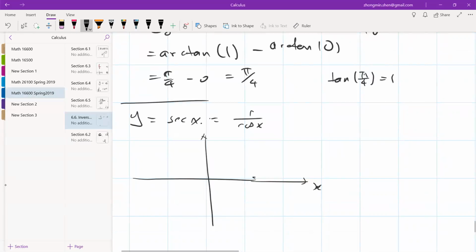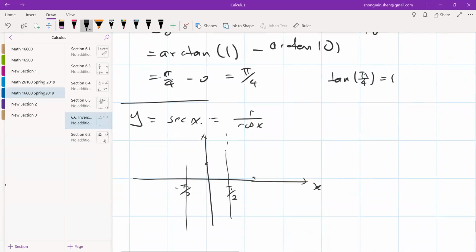So cosine, when x is 0, cosine 0 is going to be 1. But when x increases, cosine x decreases. So here's a line. Here's pi over 2.